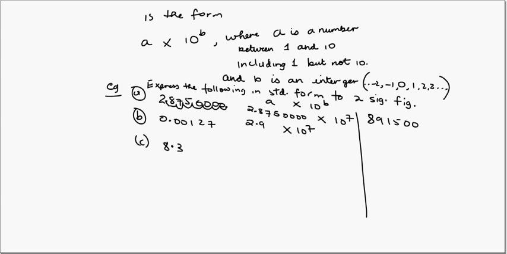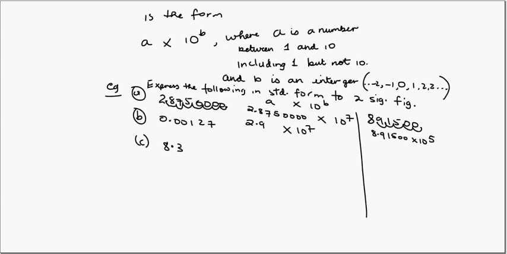Okay, so for this one here, 891500, in standard form, you'd have to move the decimal place 1, 2, 3, 4, 5 places. So it would be 8.91500 by 10 to the power of how much? 5, because you have to move it 5 places, so 5.